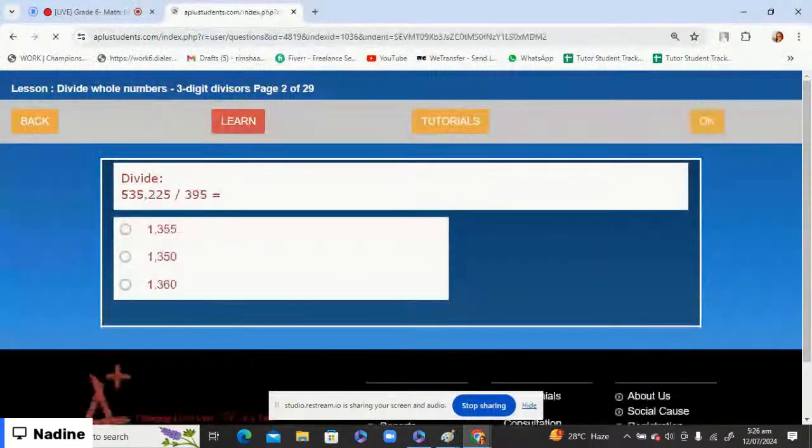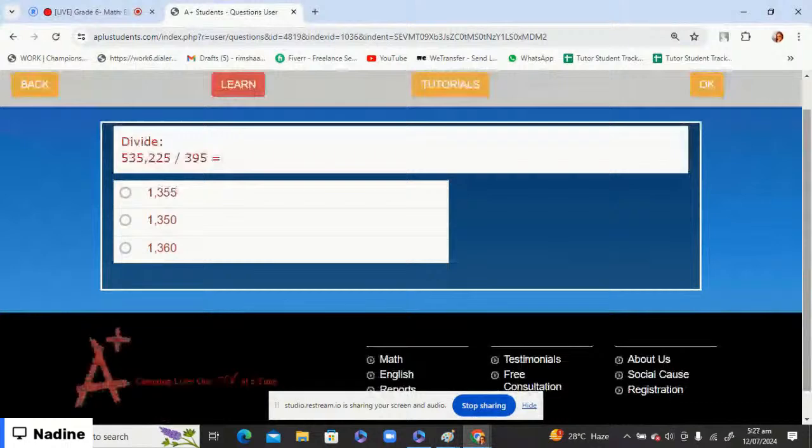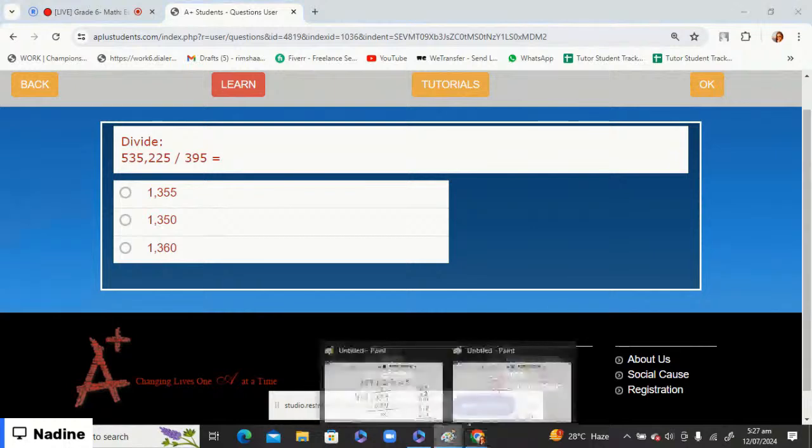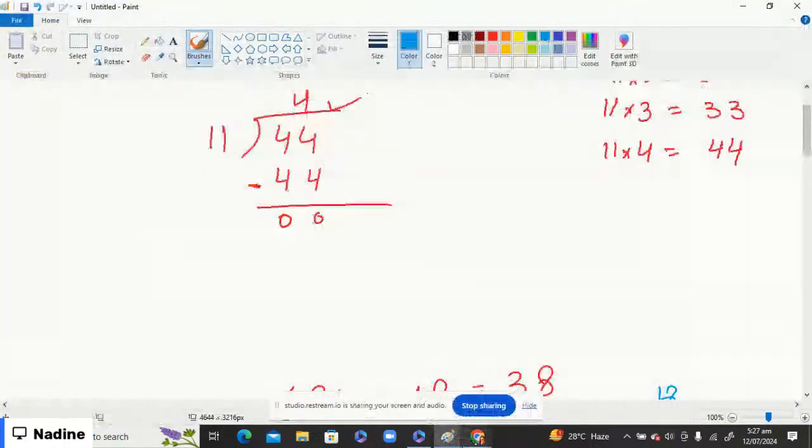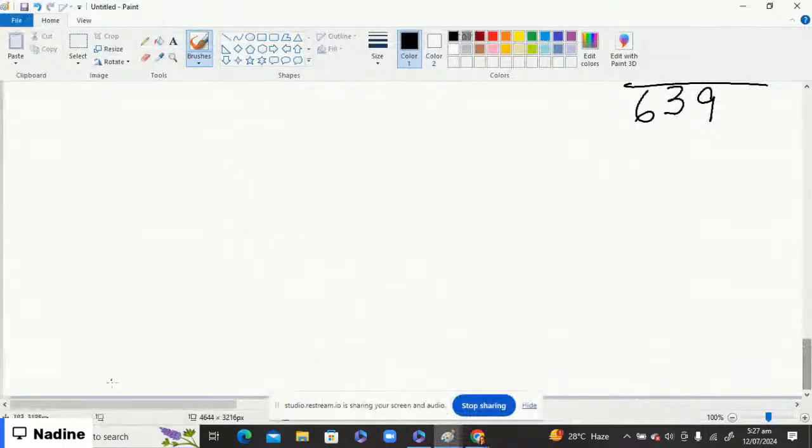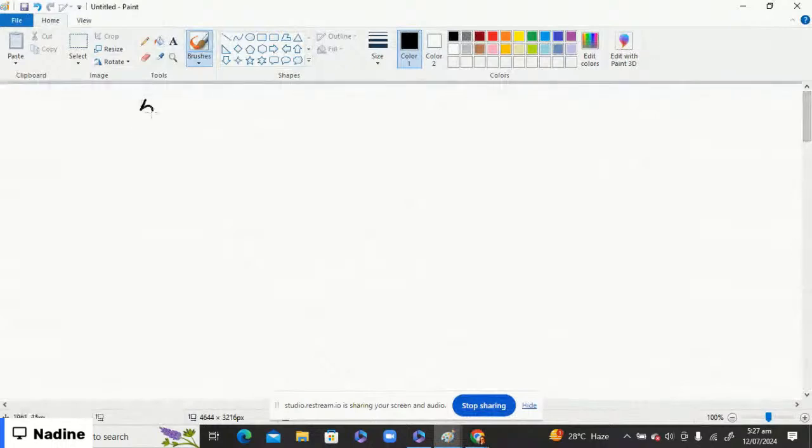Okay, now let's check this one. 535,225 divided by 395. Let's do it. So 535,225.